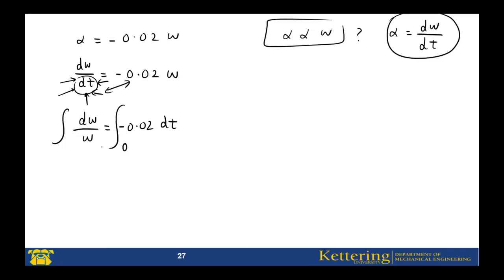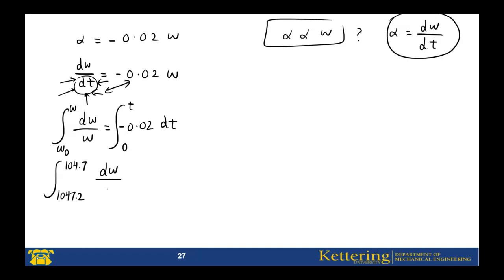At time zero, the initial angular velocity is omega 0, 10,000 RPM. At time t, the reduced angular velocity is omega, or this one is 1047.2 to 104.7.